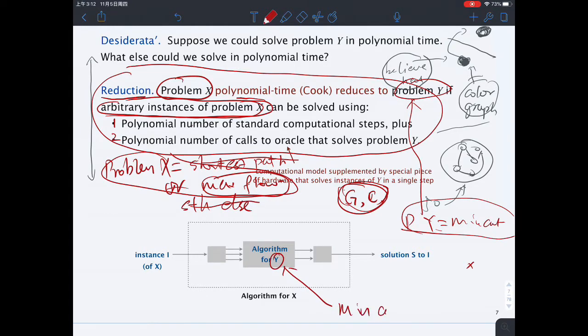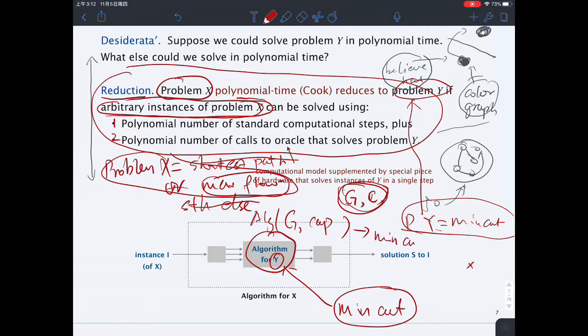An algorithm for problem Y means that, let's assume there exists an algorithm: if you are given a specific graph and capacity, the black box is able to find the min cut. This is the algorithm for Y. It means there's a black box that can solve any instance of this problem.